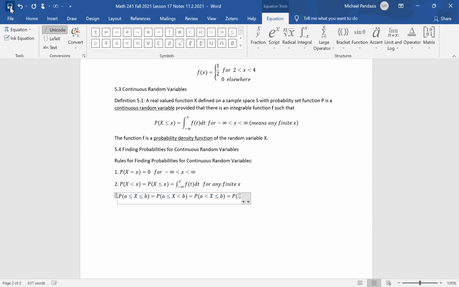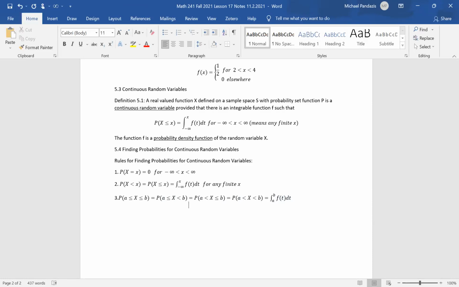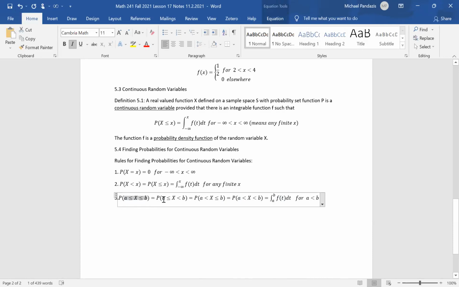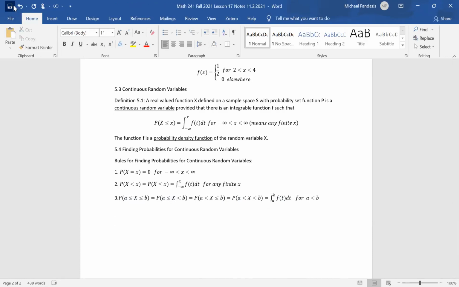You can remove both points, and it's the same. All four of those probabilities are equal, and they are all equal to the integral from a to b of f of t dt, where little f is the probability density function for capital X. This is for a strictly less than b.